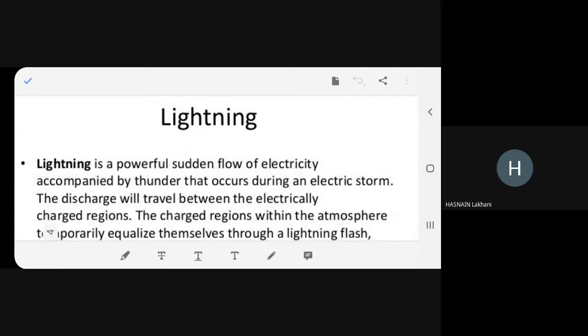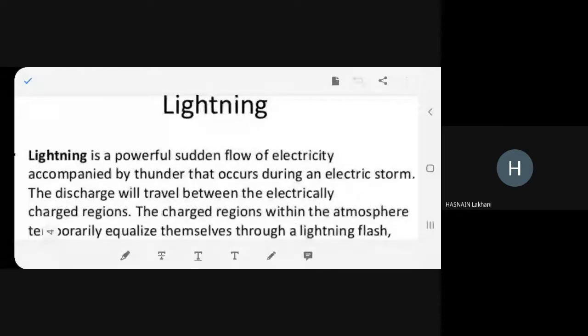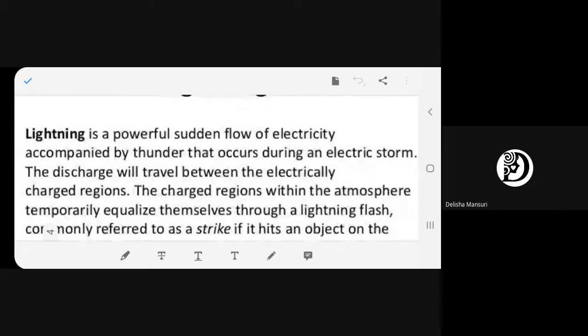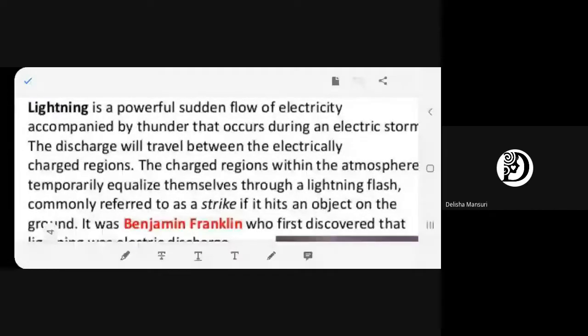Fine. Let's see what is lightning. Please continue, beta. Lightning is a powerful sudden flow of electricity accompanied by thunder that occurs during an electric storm. The discharge will travel between the electrically charged regions.